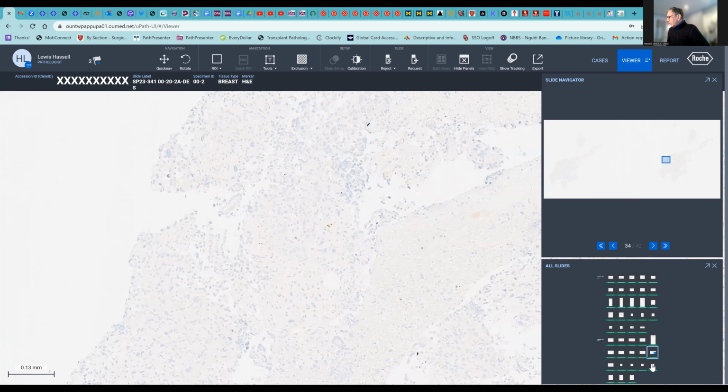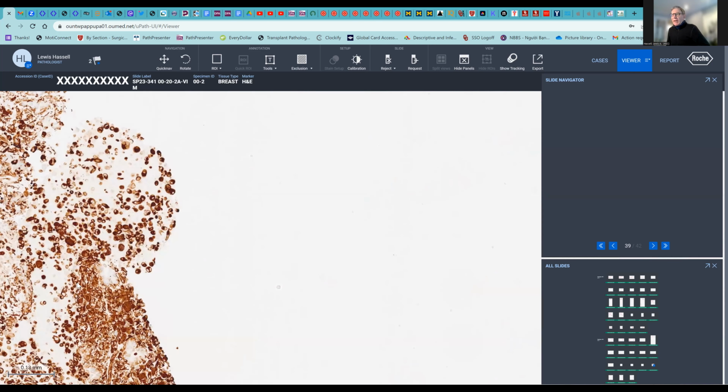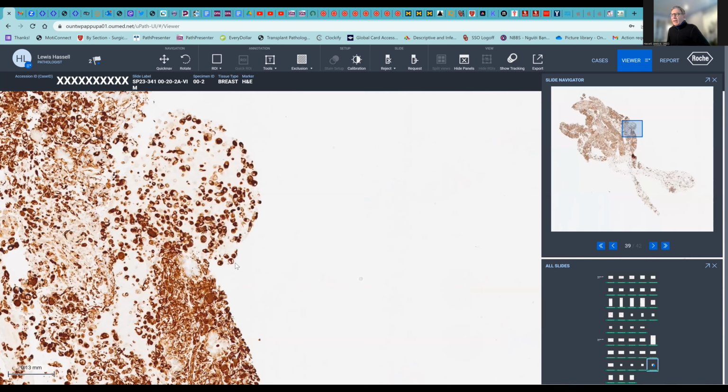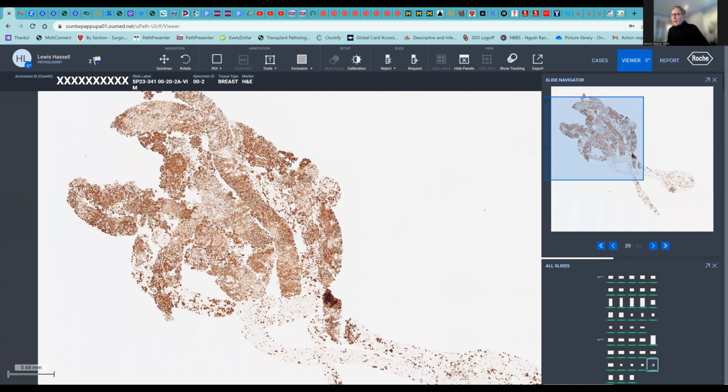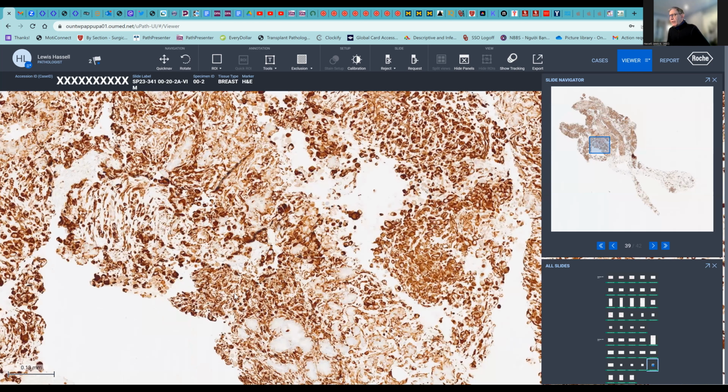In contrast, we look at the vimentin stain. Here we see again that these cells are nicely positive and therefore co-expressing vimentin and cytokeratin, both in the glandular component to a degree, but certainly within the stromal component that you can identify here.